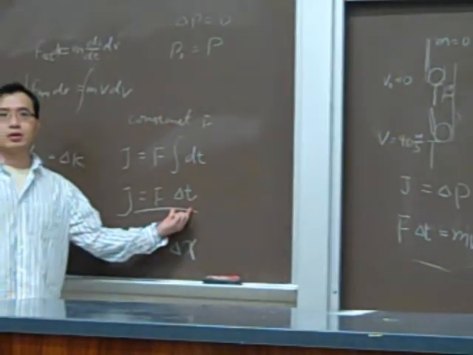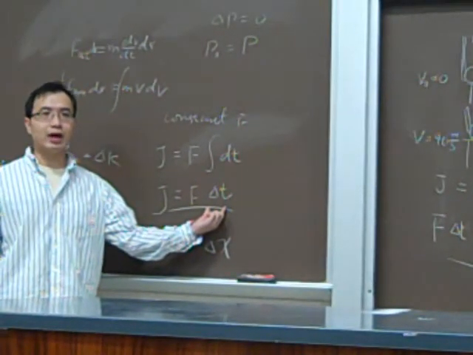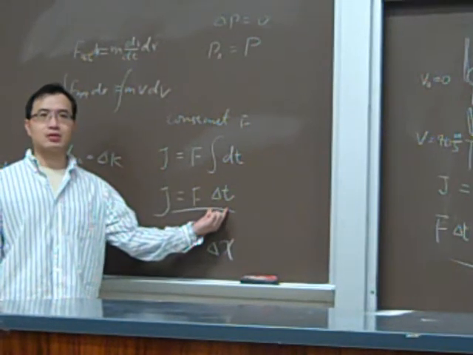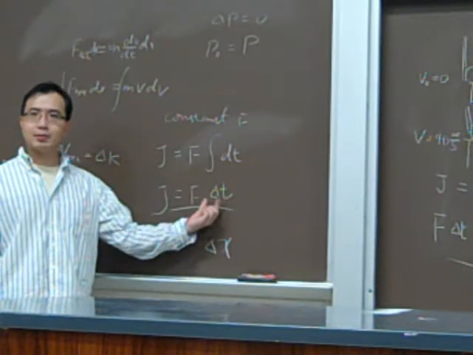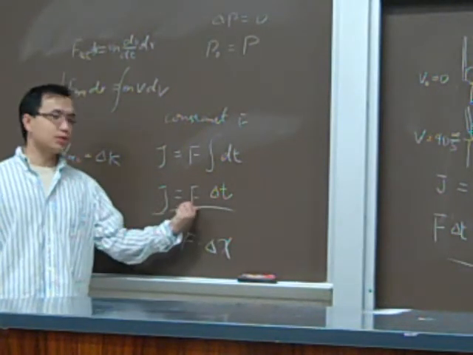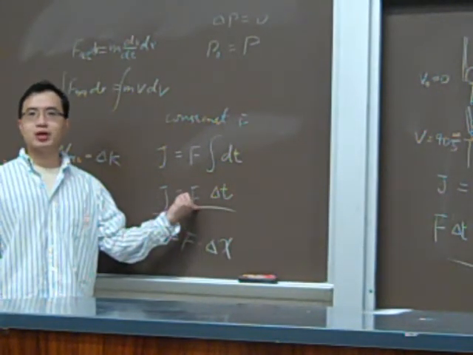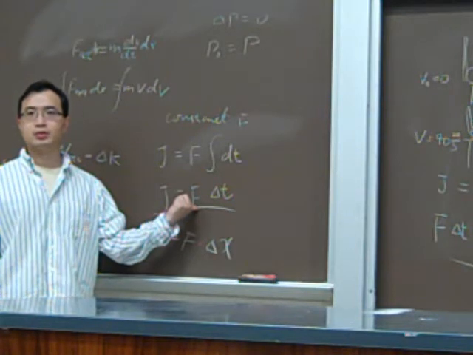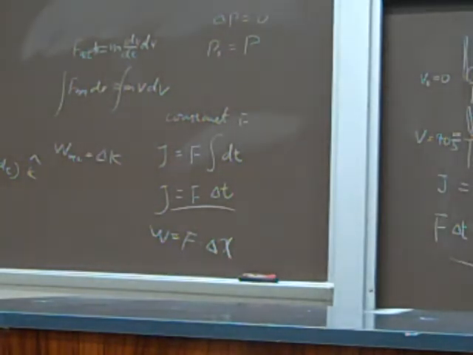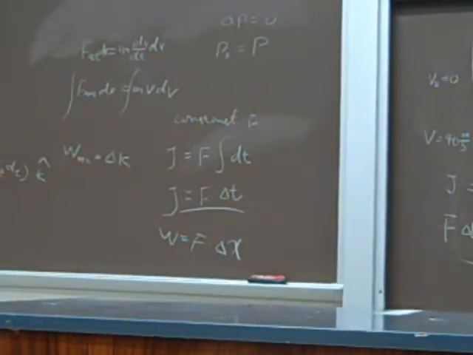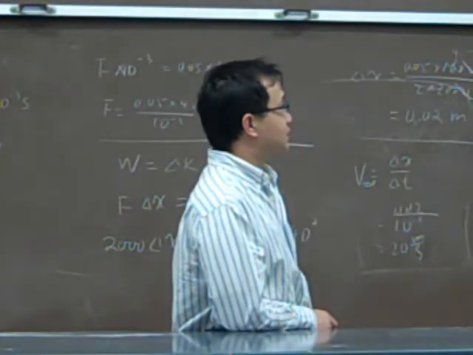Any process has to take some time. Okay, we don't have a process actually happen in no time. So delta T cannot be 0. So to make J equal 0, the only way is to make the external force equal 0. So that gives you the condition for the momentum conservation. The net external force acted on the system has to be 0.